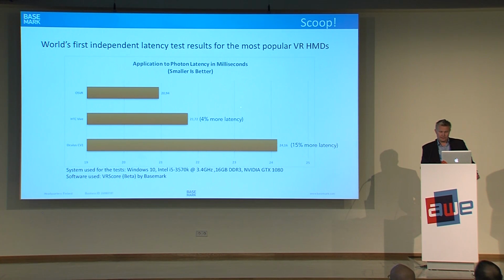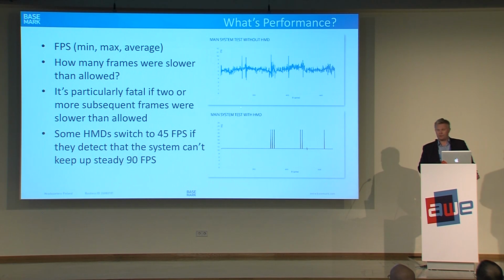Okay, so then let's move to graphics performance. In this area, the basic old school measurements are FPS, or frames per second: min, max, and average. But in VR, that's not the most important. In VR, the most important thing is whether you can keep a steady 90, or the required FPS rate.